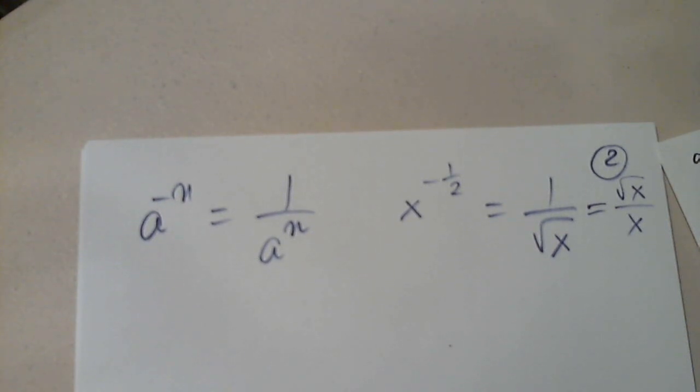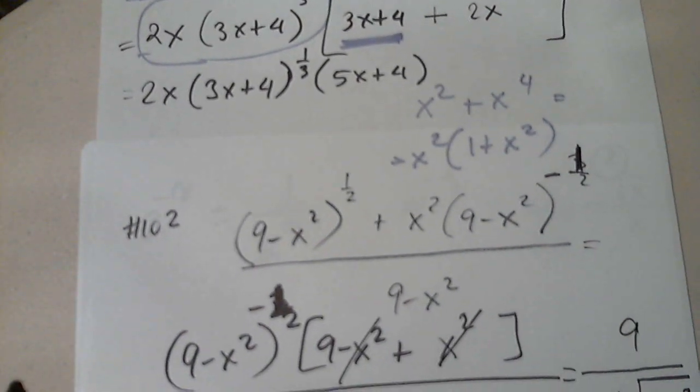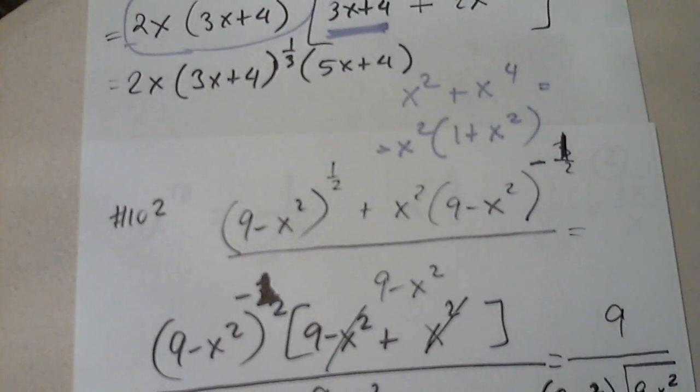Didn't it cancel out because we got 1 from negative 1/2 minus negative 1/2? It just becomes 1. So there's no x. Say that again.